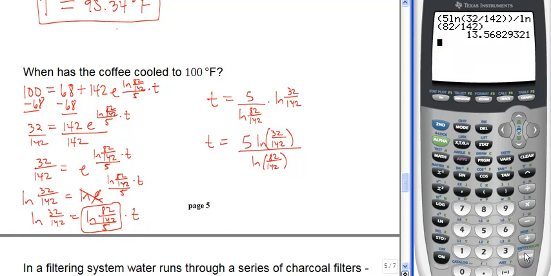And we get 13.57. And this was a little t, so this was a time, and the units we were using in this problem were minutes. So it's going to take 13.57 minutes for the coffee to cool to 100 degrees Fahrenheit. Okay?